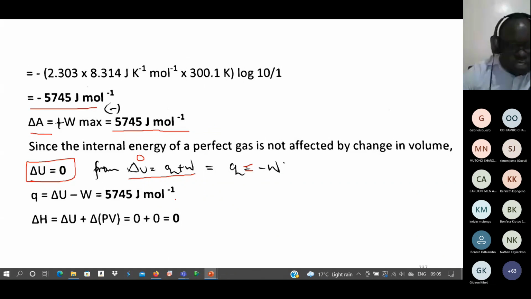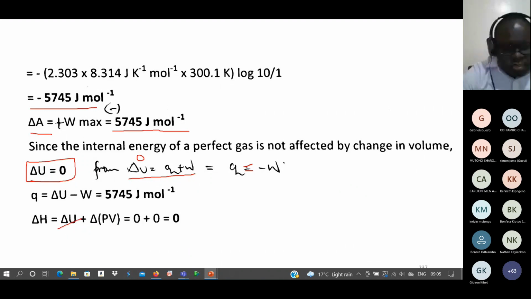So we have found W, Q, and delta U. Now delta H is given by delta U plus change in PV.